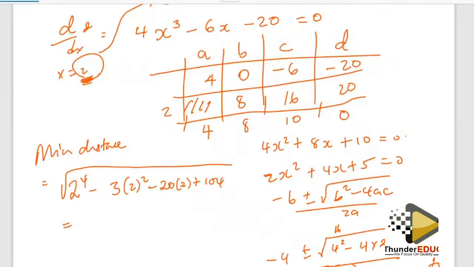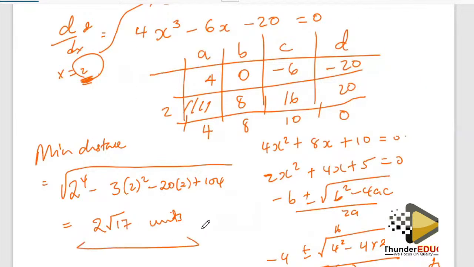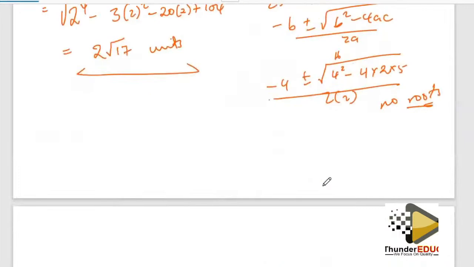Okay, so that is 2 to the 4 minus, okay, minus, and then that I'm getting 2 root 17 as my answer. Units. The question wanted the minimum distance, and then that's what we get. All right.